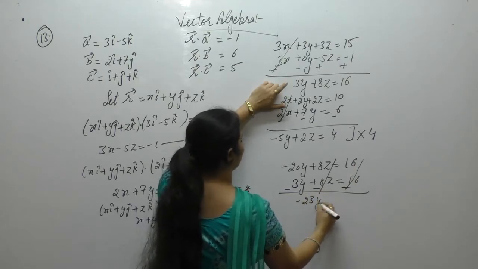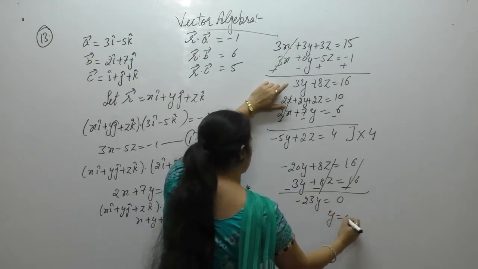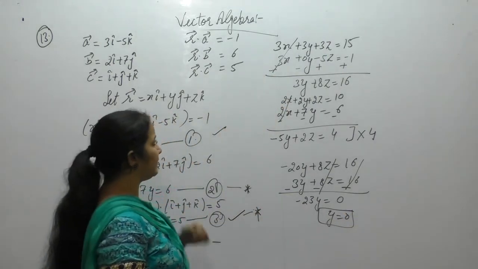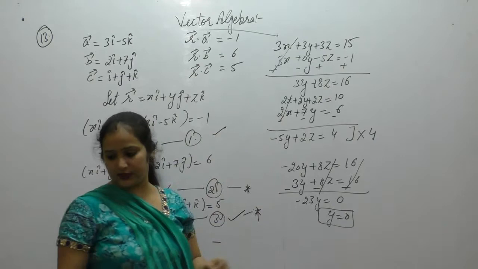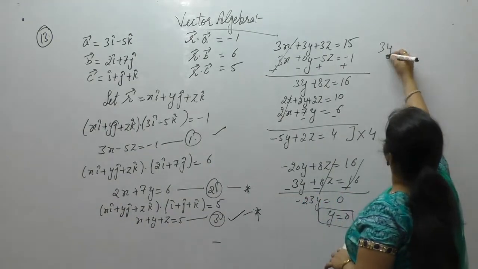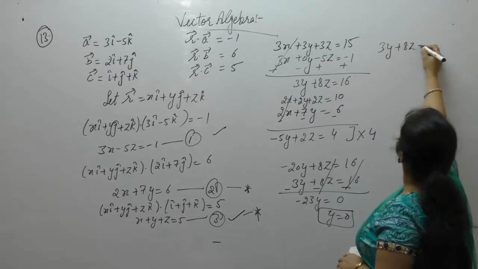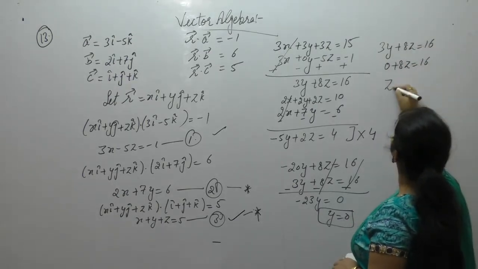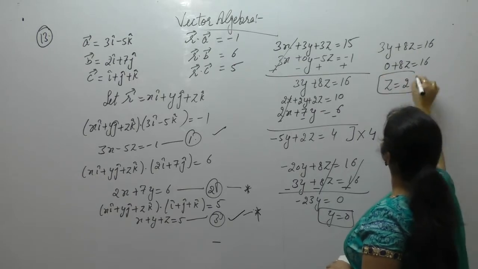minus 23y is equals to 0. So the value of y is 0. Now put the value of y in any one of these equations. 3y plus 8z is 16. Put the value of y is 0. So z is 2.